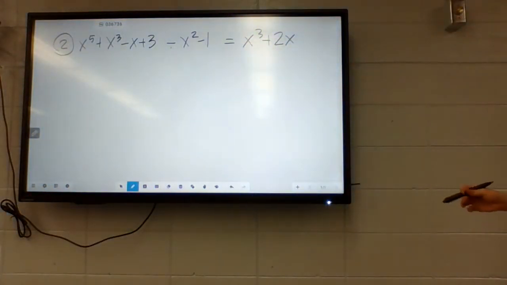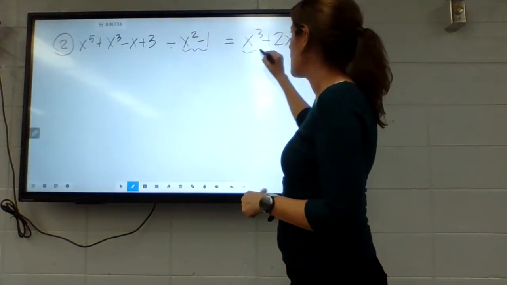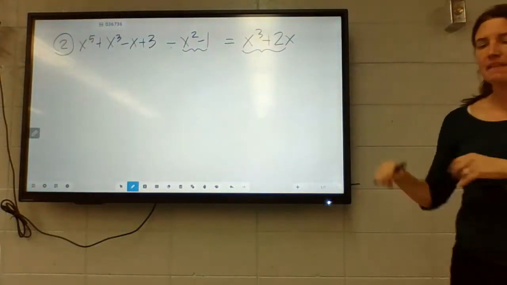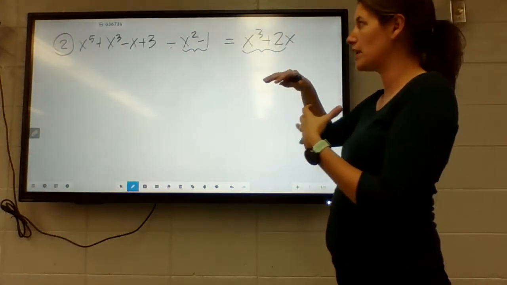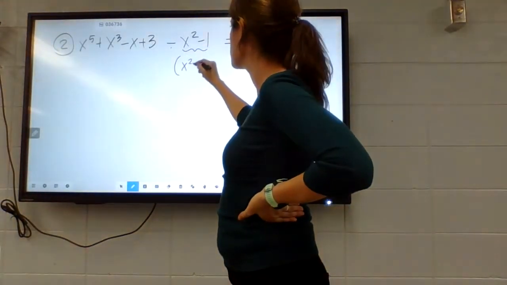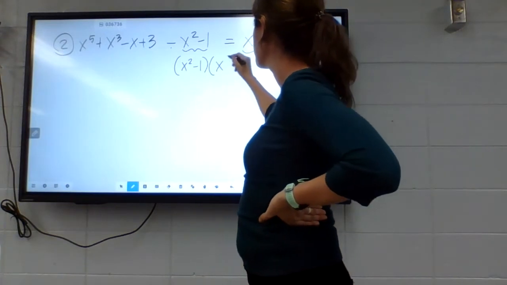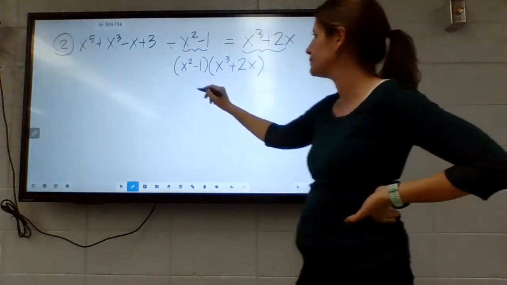So we learned yesterday we can work backwards with this. We can take these and multiply them together and then subtract it from what we divided it by, and that should give us the remainder. So we're going to multiply these two together. This was like the second problem we did yesterday.